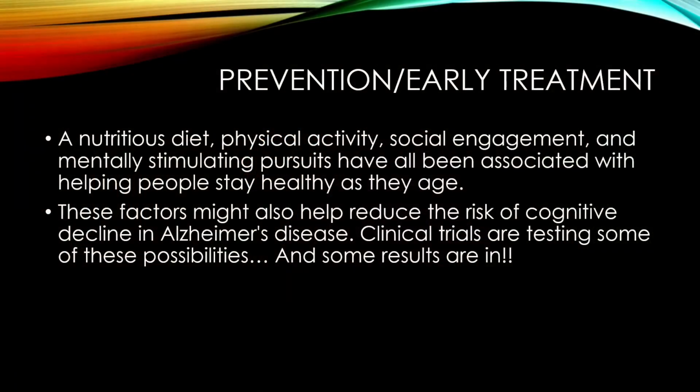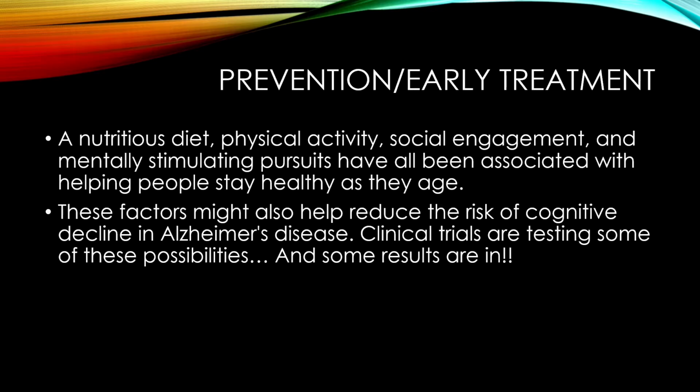And then we'll also discuss that if you have early onset, you can actually reverse it if you can change the person's lifestyle. All right, so what are some of the things that can be done to help? A nutritious diet, physical activity, social engagement. That's one that's very, very important.